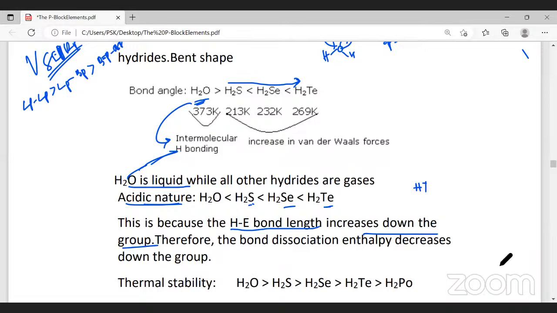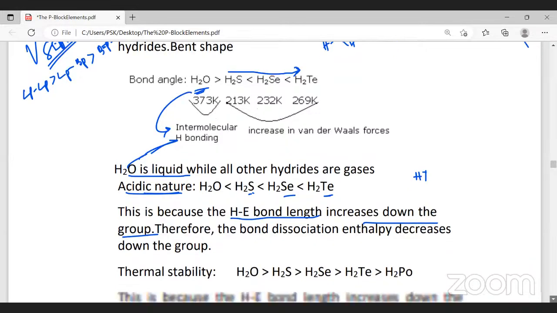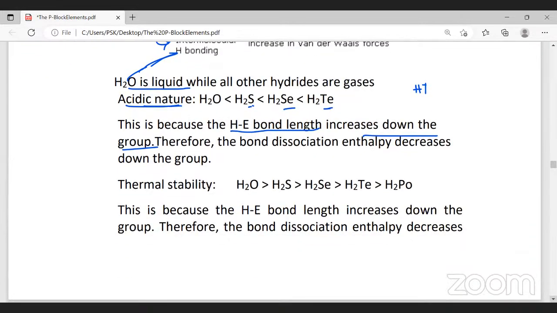Thermal stability. When we say stability due to heat, it is called thermal stability. Water is more stable compared to all the other hydrides because in case of water, we have intermolecular hydrogen bonding. Due to the intermolecular hydrogen bonding, water is thermally stable compared to all the other hydrides.